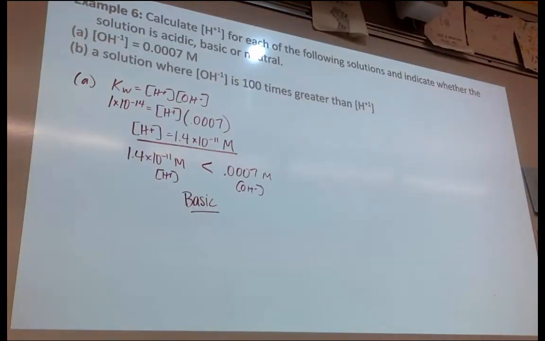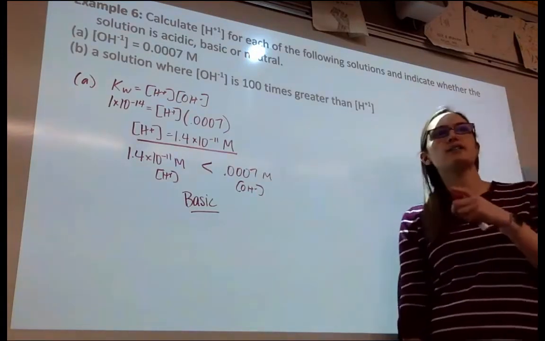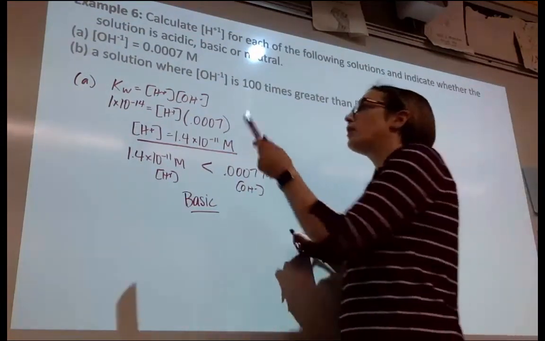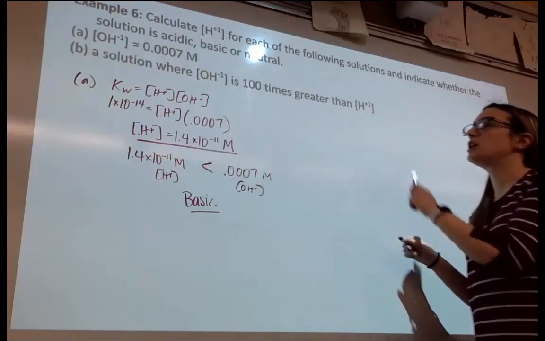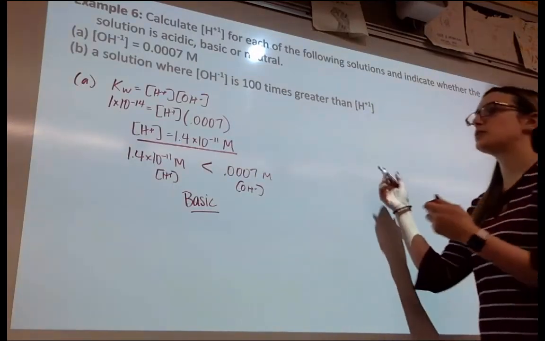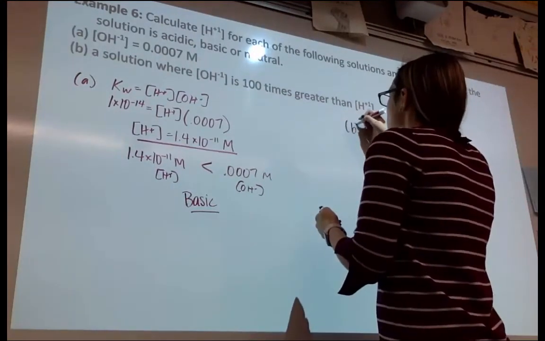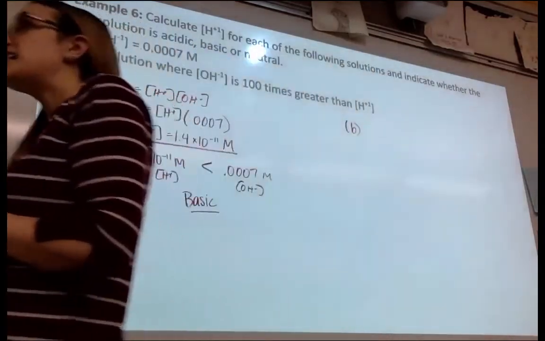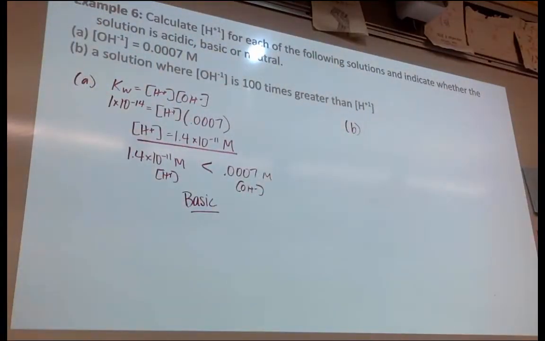Keep looking at example 6. Part B of example 6 is a question identical to Mastering. So part B says a solution where the concentration of OH minus is 100 times greater than H plus. They don't really give us any actual values.